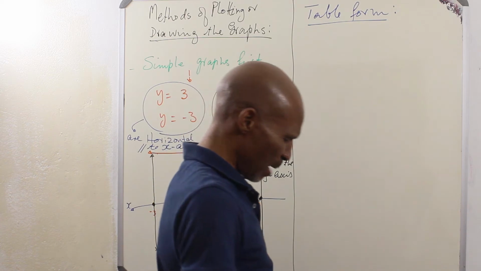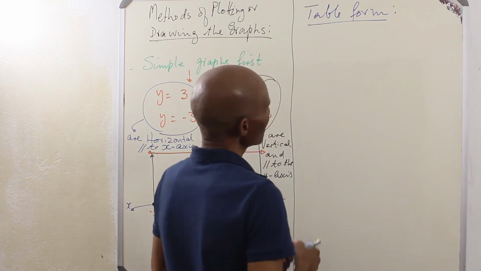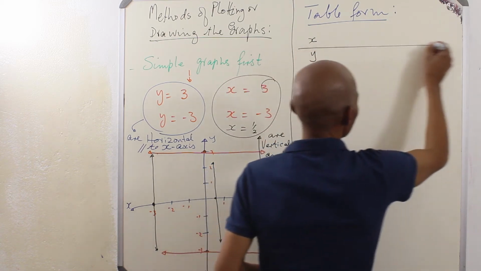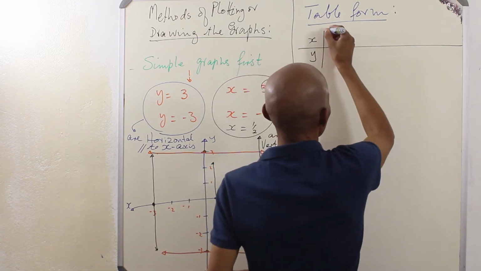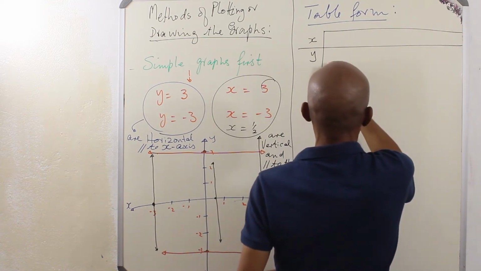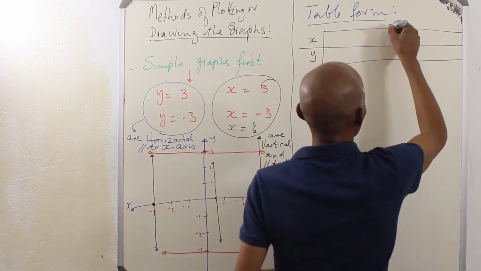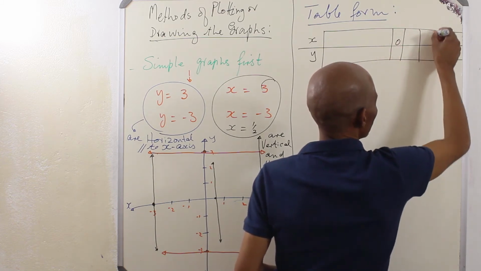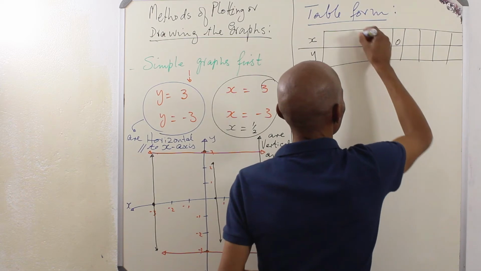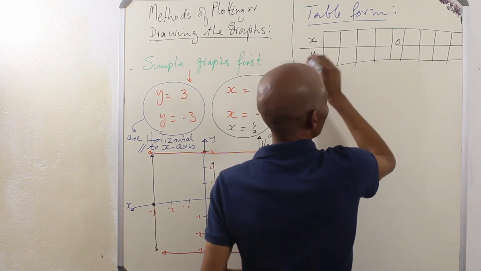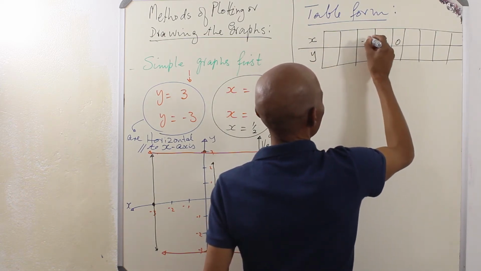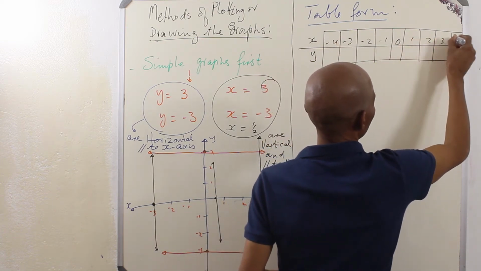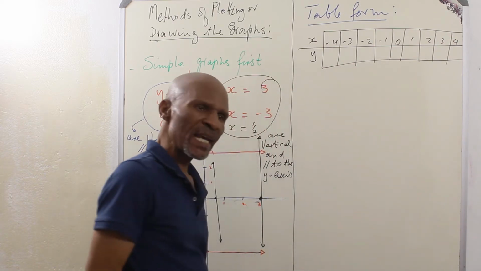Uyakhumbula ngesikhathi singaphambilini senza lento x versus y, sasesithi 1, 2, 3, minus 1, minus 3, minus 4. Uyakhumbula senza leya?